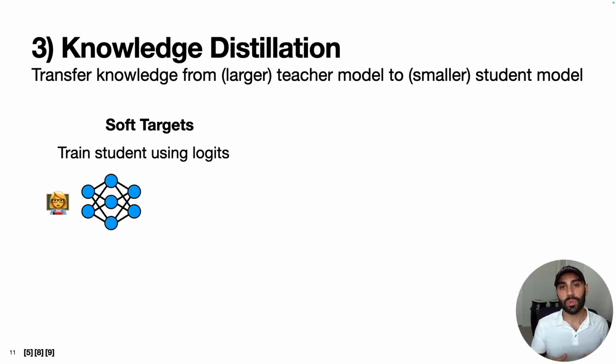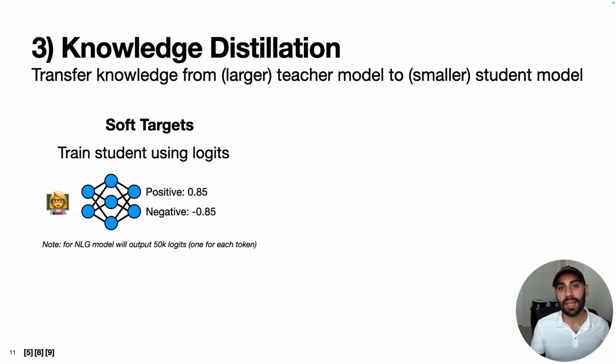The way these models work is that the raw outputs are not just a positive or negative prediction, but rather there's a prediction for each class known as a logit. For example, let's say the logit for the positive class is 0.85 and the logit for the negative class is minus 0.85.